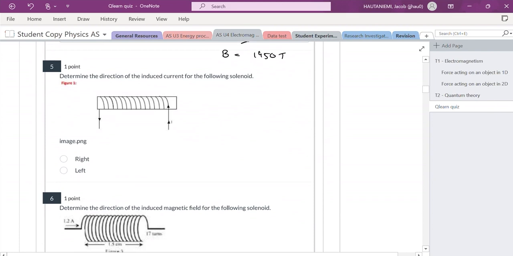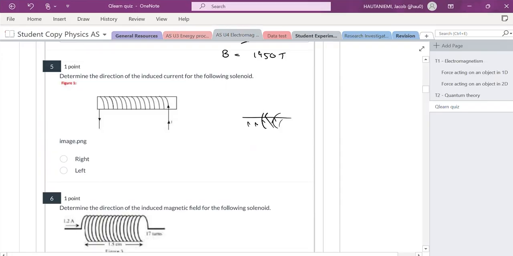Now we can do our curl. If you don't remember the curl, you're going to have to look at the photos, the images and notes that we've taken. But basically, if you've got a solenoid and it's got a whole bunch of turns, it's turning around in this direction. Your fingers wrap around in that particular direction.